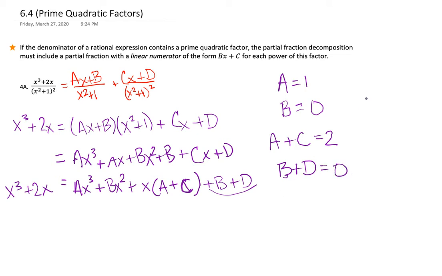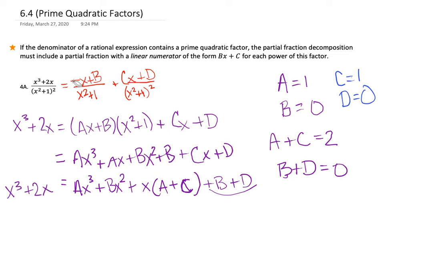Well, as fun as this is, I think these are kind of fun because you already know everything. If a is 1, then c has to be 1. If b is 0, then d has to be 0. So then we just fill in our a, fill in our b, fill in our c, fill in our d.